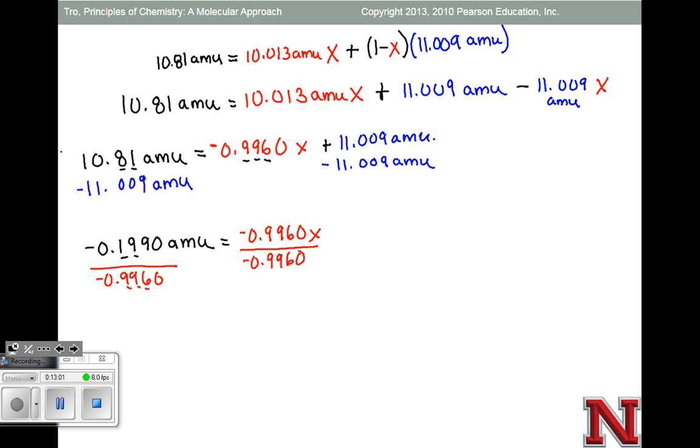So when I solve that, my x is equal to this fraction. Of course, it asks for percent, so we're going to multiply it by 100. We should only have a total of 2 significant figures, so that should be 20%.